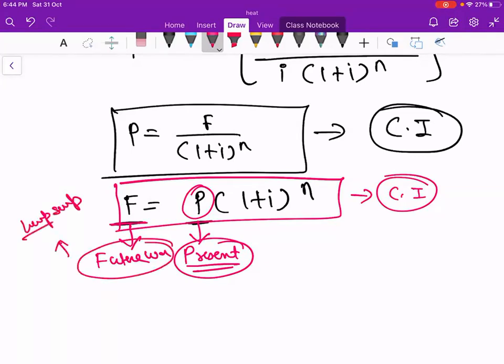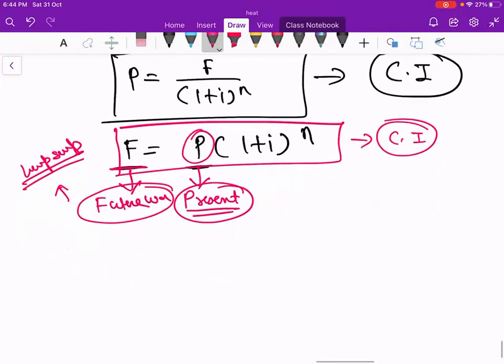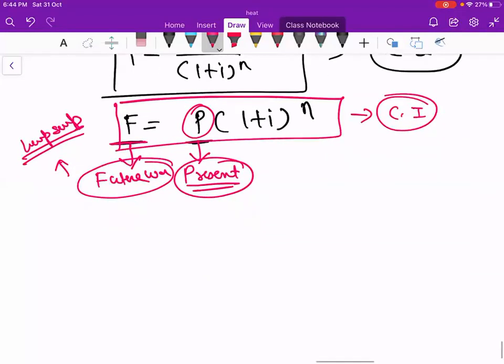So what if I want to convert to the present worth? What will be the present worth formula? P equals F upon 1 plus I to the power n. What is F here? Future. Everyone is agreed with this?